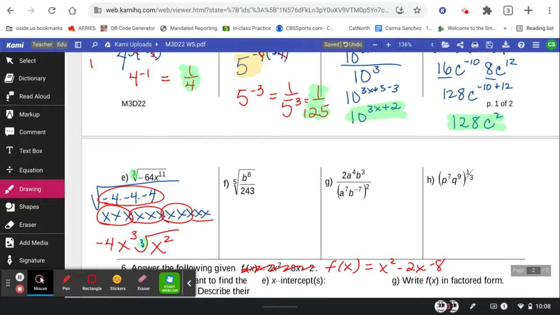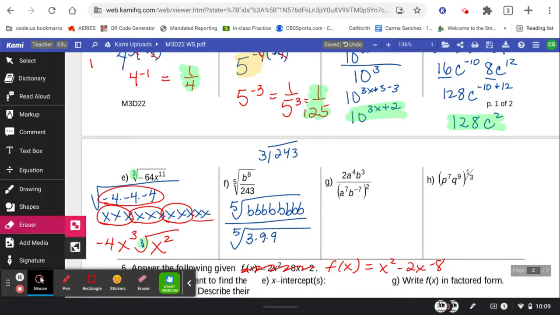All right, next one is 5th root of b to the 8th. We're looking for groups of 5. And 5th root of 243. So break that down. 243 is 3 times 81, or 3 times 9 times 9.